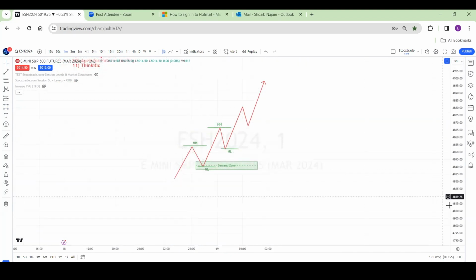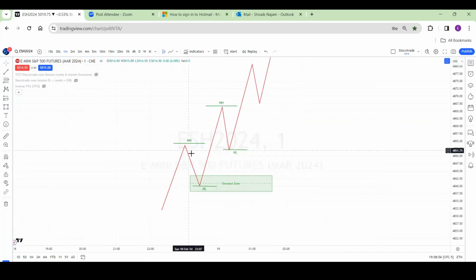If the price is coming down, there will be a certain point from where the price will reverse.